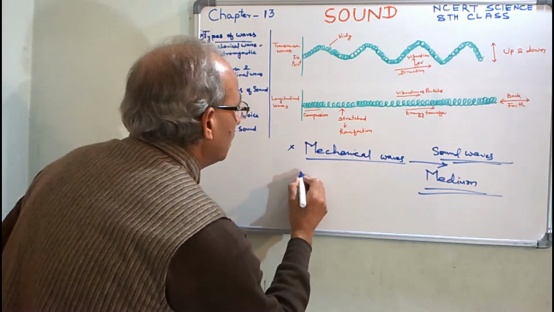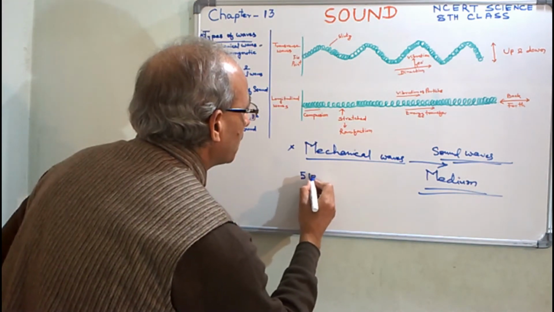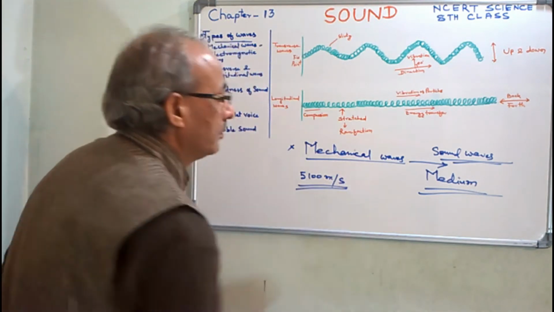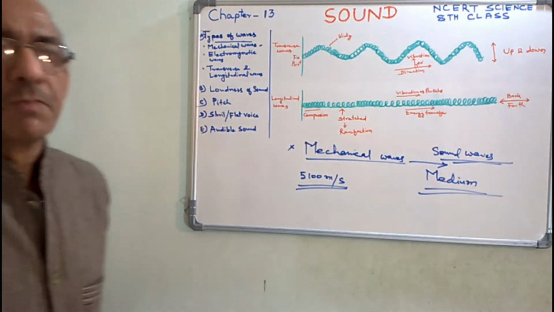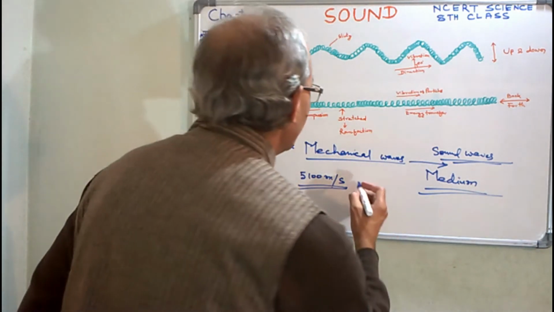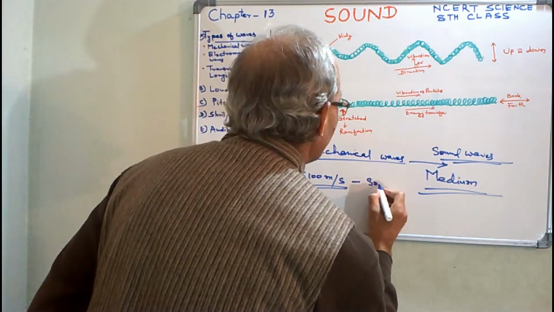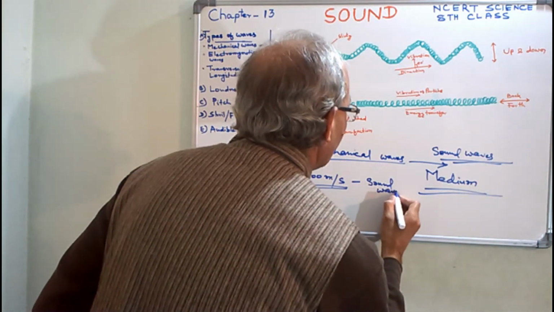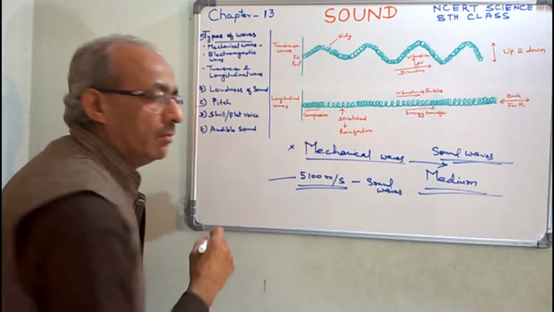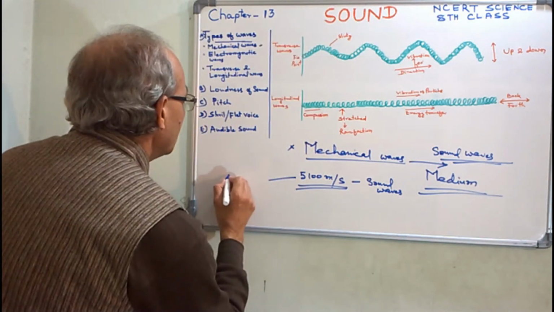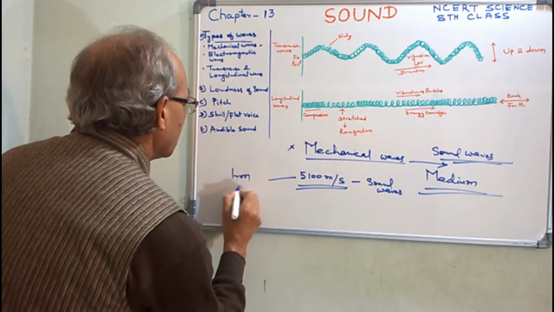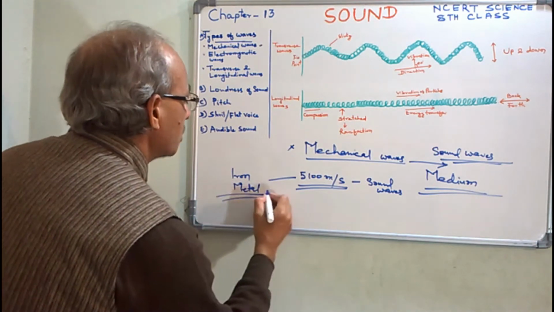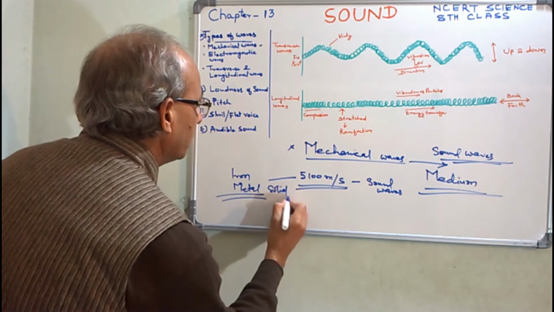Approximately 5,100 meters per second is the speed of the sound waves in solid metal, particularly iron or any metal solid, you may write.